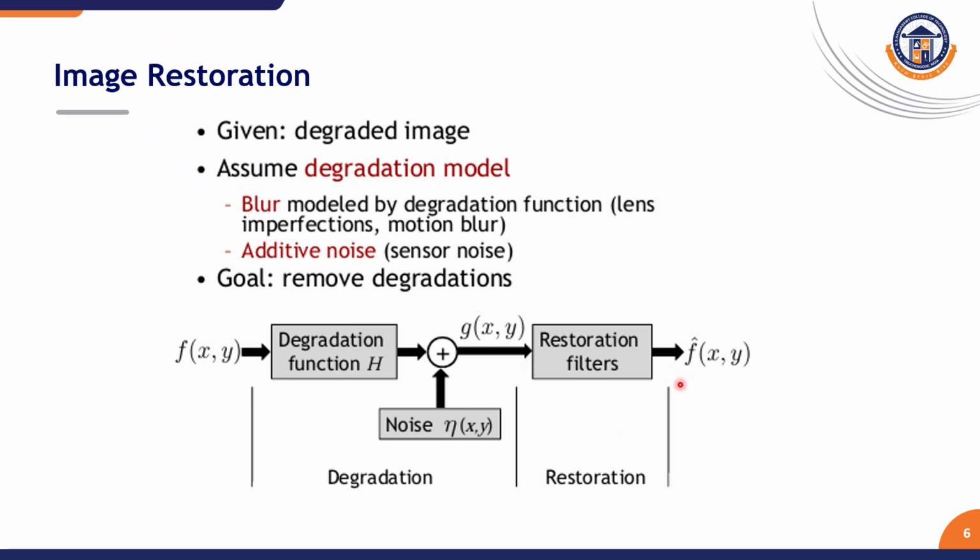Then, in the restoration process, the noise is removed, and after removing it, the result is called f cap of x comma y. The main objective is the removal of noises, that is, removing degradations.